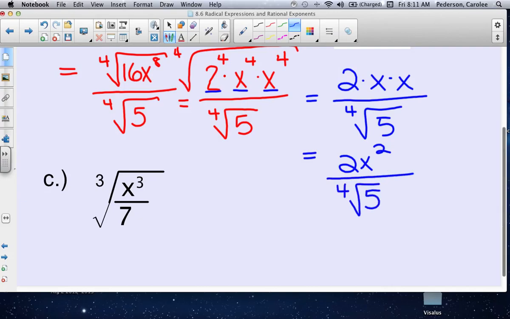So we get 2x squared over the 4th root of 5. Now remember, you cannot leave a radical in the denominator. So we have to rationalize it. So we have to multiply the numerator and the denominator by the 4th root of 5.